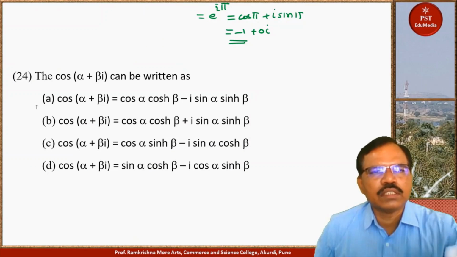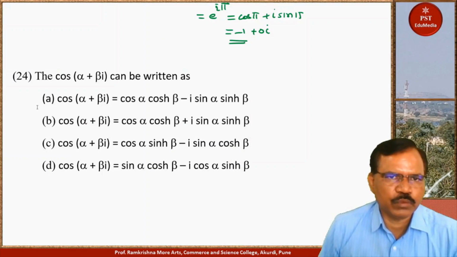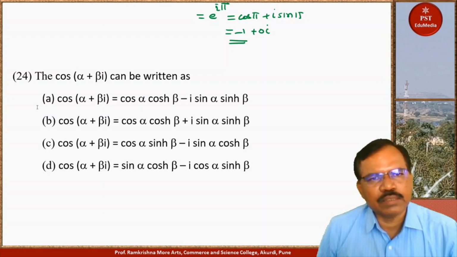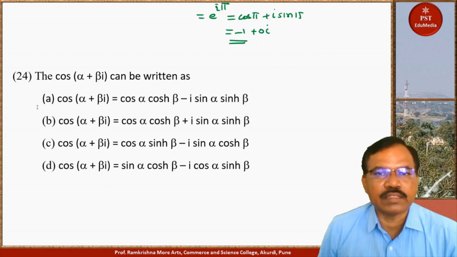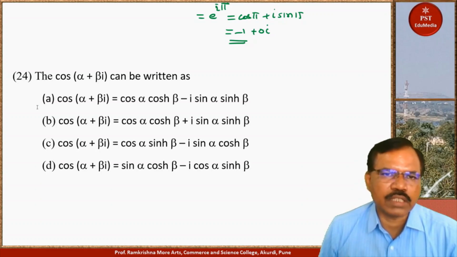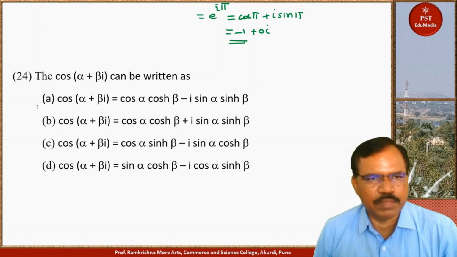Cos of alpha plus beta i can be written as, we have four options given. Cos alpha plus beta i is cos alpha cos hyperbolic beta minus i sin alpha sin hyperbolic beta. Second one is cos alpha plus beta i equal to cos alpha cos hyperbolic beta plus i sin alpha sin hyperbolic beta.